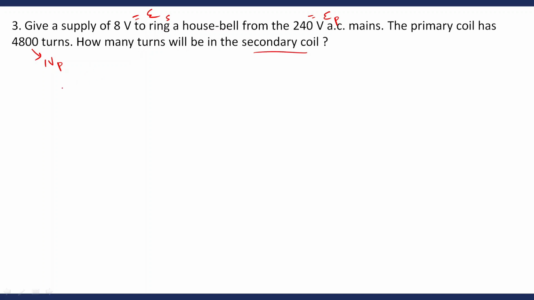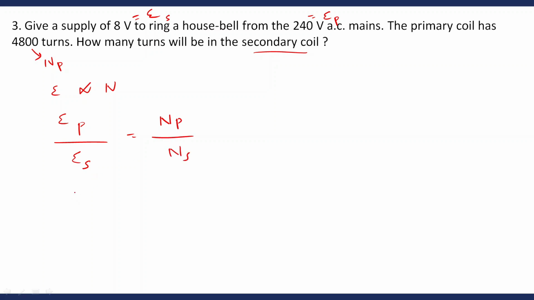The same formula will be used once again. Epsilon is directly proportional to the number of turns of the coil. Then epsilon p by epsilon s equal to Np by Ns.